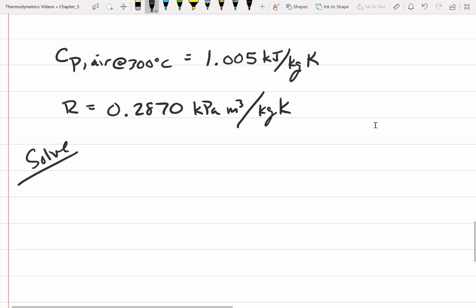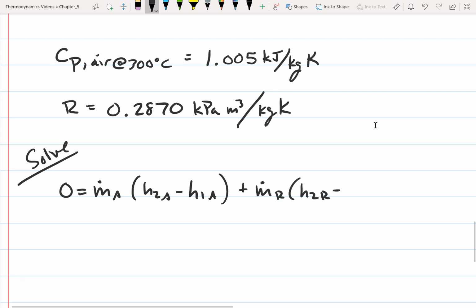So I'm going to rewrite our energy balance that we're solving. So m dot A times (H2A minus H1A) plus m dot R times (H2R minus H1R). First of all, I want to plug our specific heat relation into this equation.